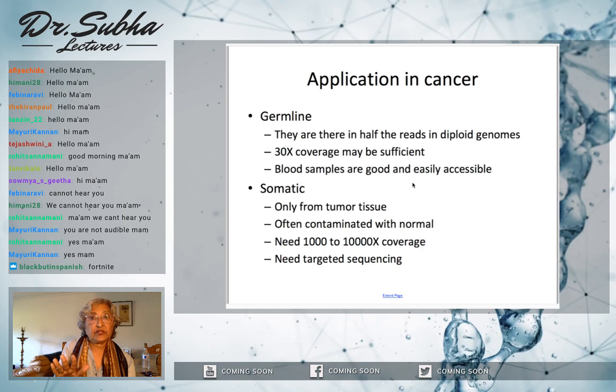Even if we did 100x coverage, if only 5% of the cells are tumor, and the mutation is in only one arm, fewer than 2.5 reads will have the mutation. So you cannot be sure whether it's a mutation or a sequencing error, so you have no confidence even at 100x coverage.